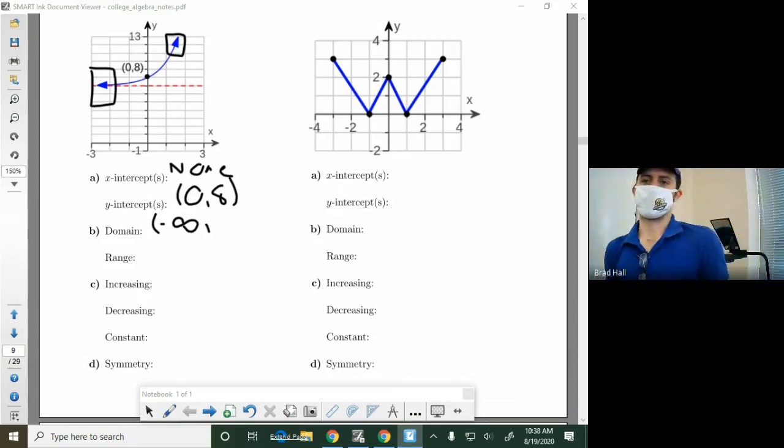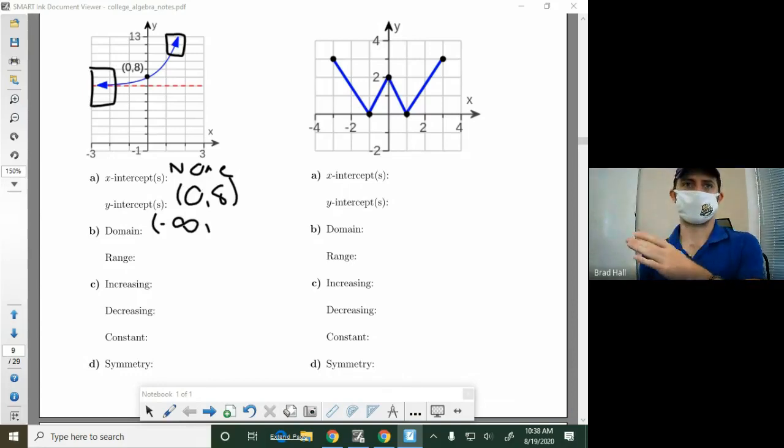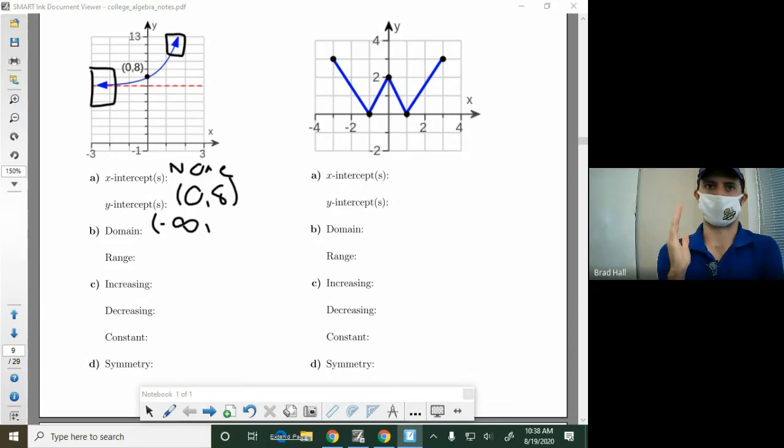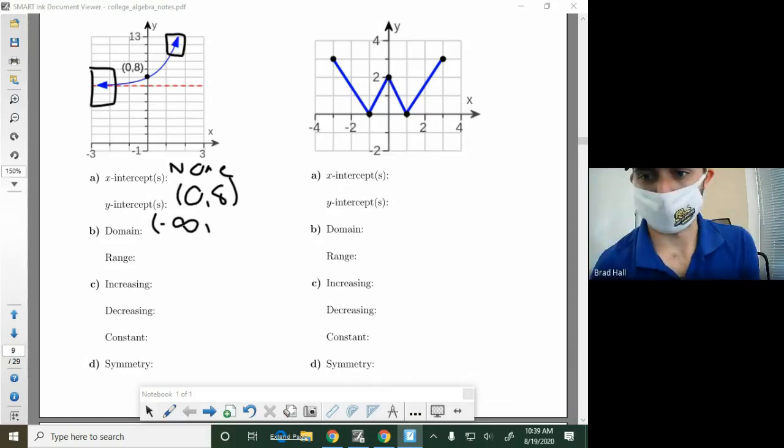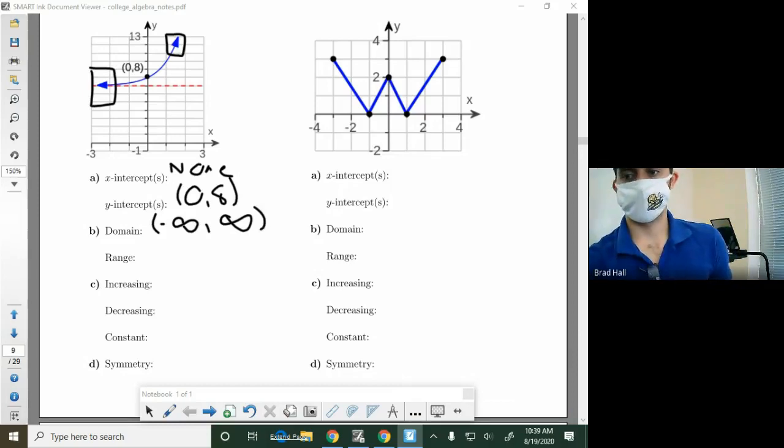This time the arc is not sharp enough to imply that there is a vertical barrier like we had in that previous problem. So in this case, the arrow means that this goes forever in the rightmost direction and up. So this would be positive infinity. The domain, in other words, is all real numbers. And also the infinities always get parentheses no matter what. You cannot equal infinity. It's an idea, not a number.